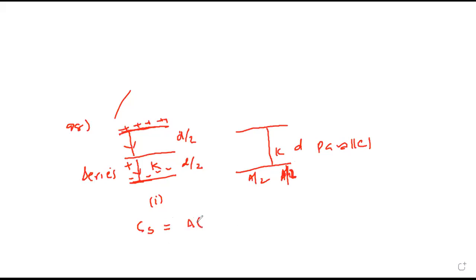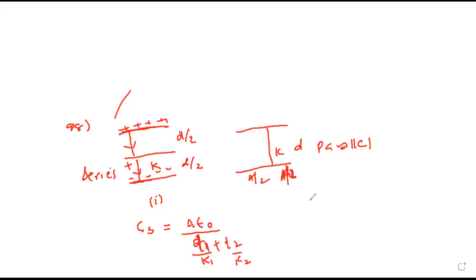What is C in the series combination formula? 1 upon C. If the same plates are divided into two by a dielectric, then this was the formula: A epsilon 0 upon T1 upon K1 plus T2 upon K2 and so on.